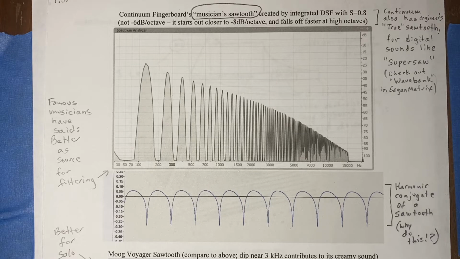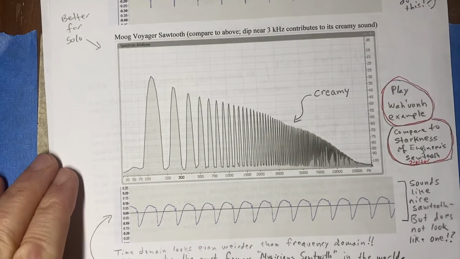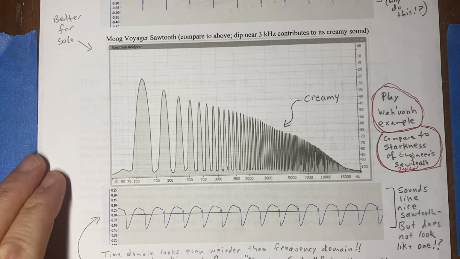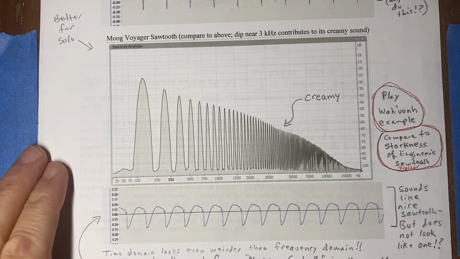Now, I've had the privilege of being compared by very good musicians to the very best in the world and the very most famous. The Moog Voyager sawtooth being one of the most famous and best loved sawtooth sounds in the world. And so people compare, like, well, what does the Eagan matrix do compared to what does the Voyager do?